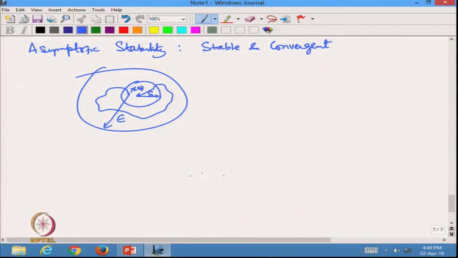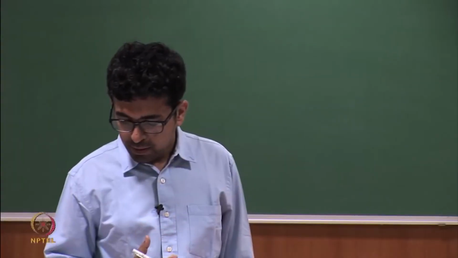So, that is the additional condition that we have for asymptotic stability, that as t goes to infinity, the solution trajectories of the system would go to 0, where 0 denotes the equilibrium point, and without loss of generality we can consider 0 to be the equilibrium point, because we could always do a change of variables.